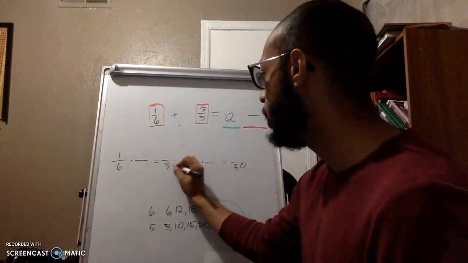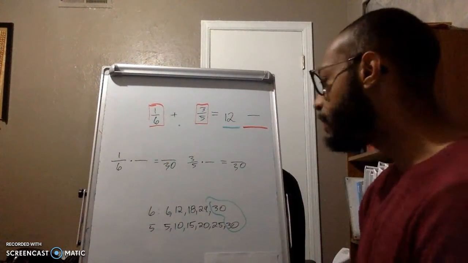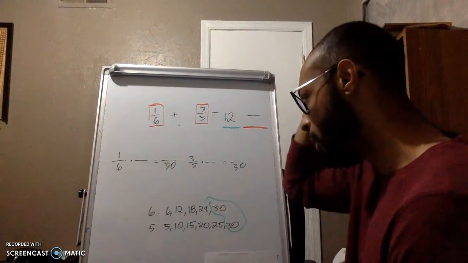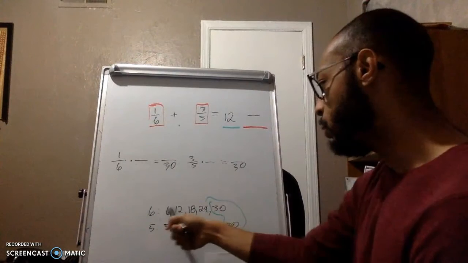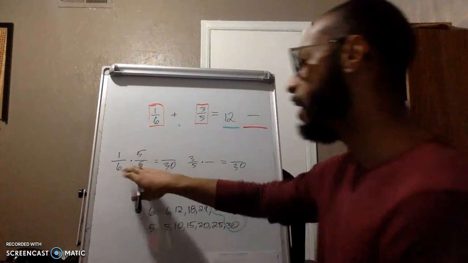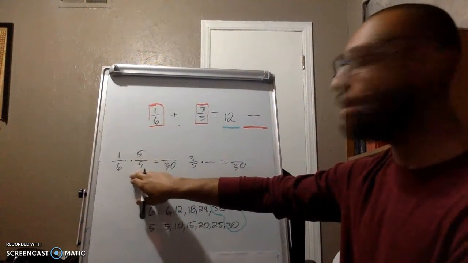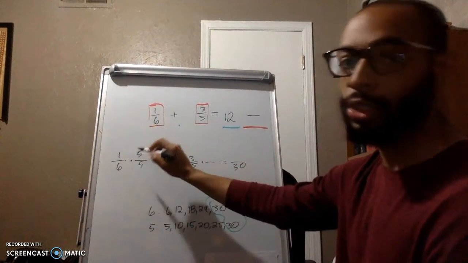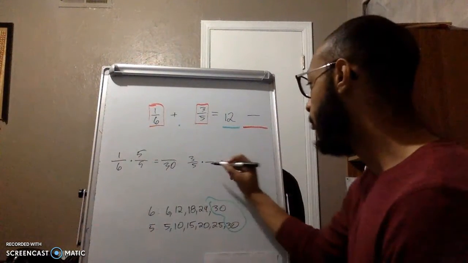So we'll put 30 here, 30 here. What times 6 equals 30? Well, I can just go over and count 1, 2, 3, 4, 5. 5. And if I change the denominator, I have to also change the numerator. So I'm going to also multiply the top by 5.